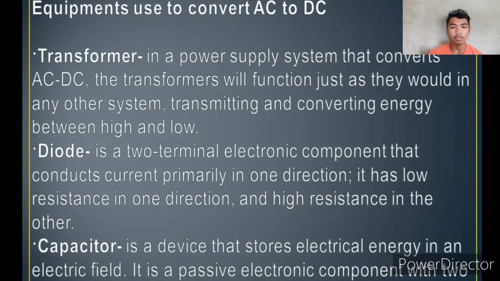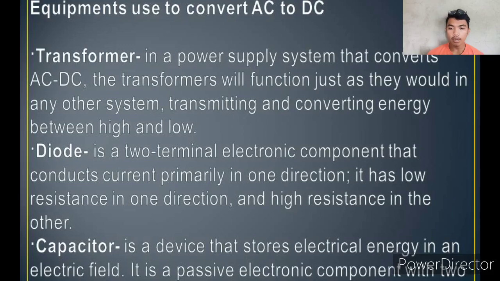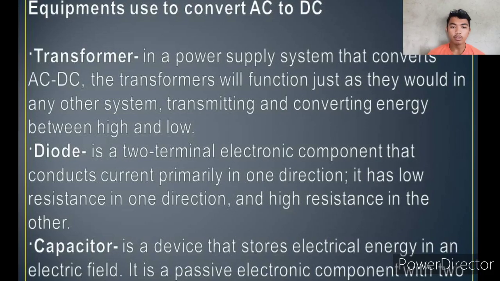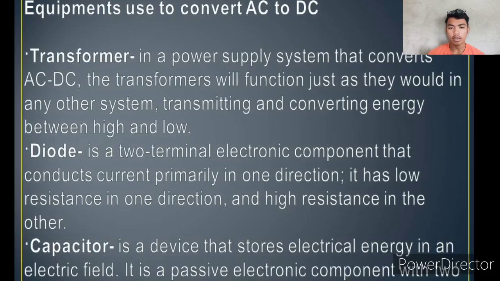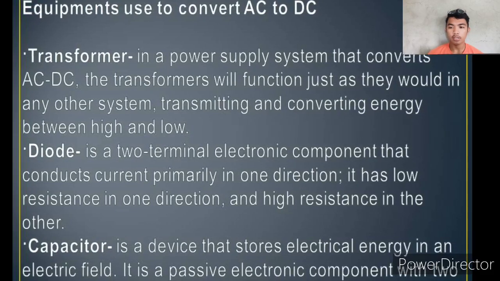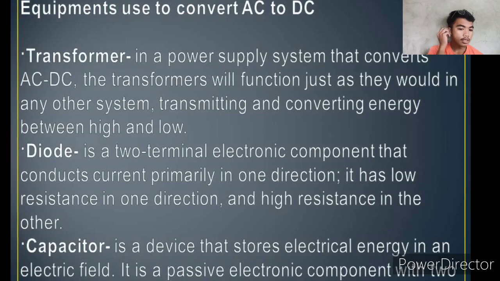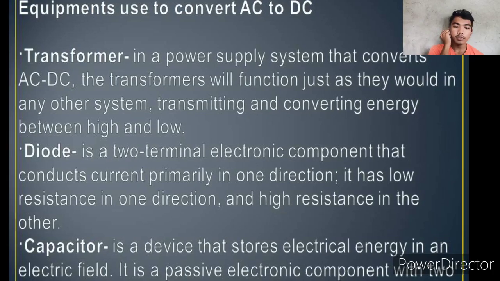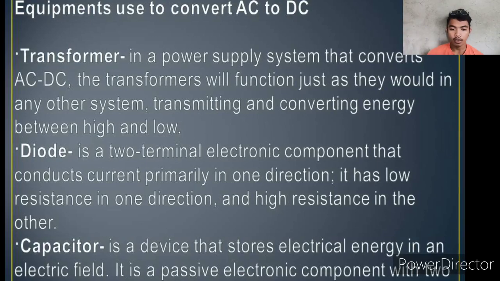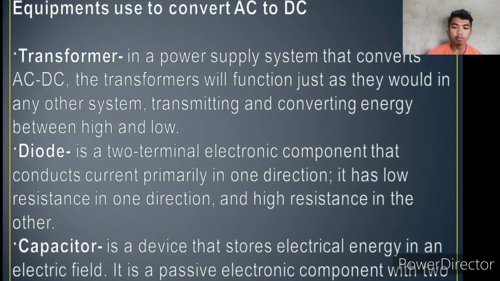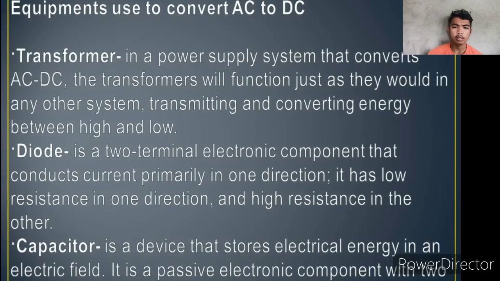The next one is the diode. A diode is a two-terminal electronic component that conducts current primarily in one direction. It has low resistance in one direction and high resistance in the other. The next is the capacitor. The capacitor is a device that stores electrical energy in an electric field. It is a passive electronic component with two terminals.